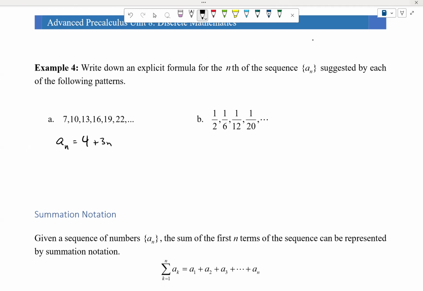Nice. Are we good? Did anyone go through a different thought process to get this, something to share? Because for me, I would think just 7 plus 3n and then see automatically that that's wrong, and then I have to adjust.